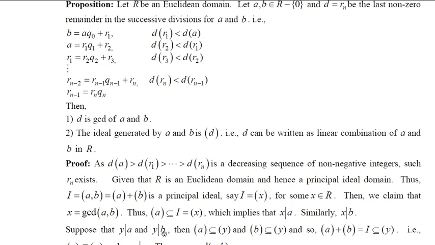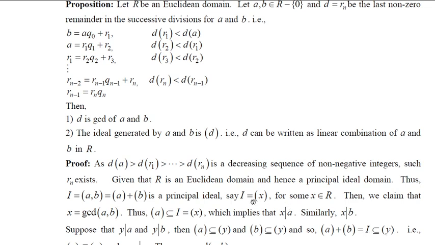But any number which is a multiple of Y must be present in principal ideal Y. Therefore, B belongs to principal ideal Y. But we knew that the smallest ideal which contains B is principal ideal B. Therefore, principal ideal B is contained in principal ideal Y. So we have proved principal ideal A is a subset of principal ideal Y, and principal ideal B is also a subset of principal ideal Y. Therefore, principal ideal A plus principal ideal B, which is nothing but I, is contained in principal ideal Y.